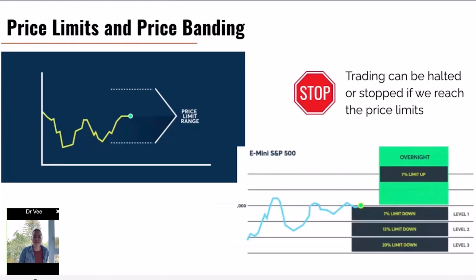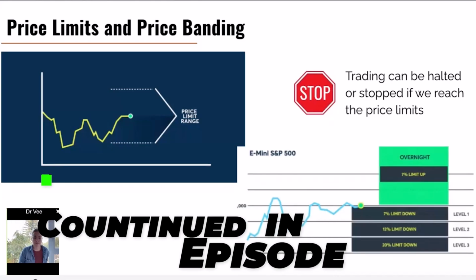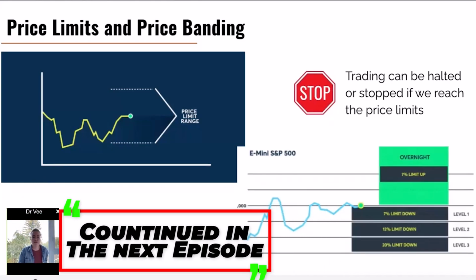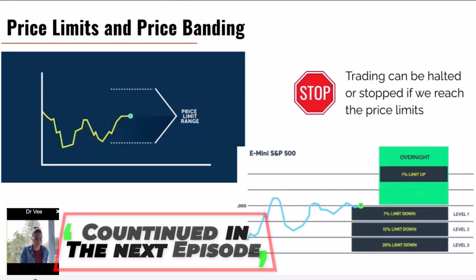Traders can still place orders beyond daily limits, but those orders only execute when prices return within allowed ranges. While price limits and bands make markets safer, hitting those limits has become less common in recent years. Still, knowing these rules is key to navigating the futures market confidently.